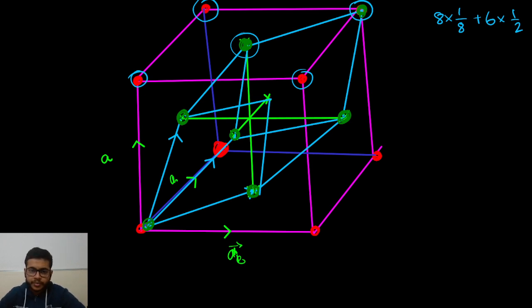By dark green I am representing the points. So there are 8 points shared between 8 primitive cells. So there is only one lattice point in this primitive cell.